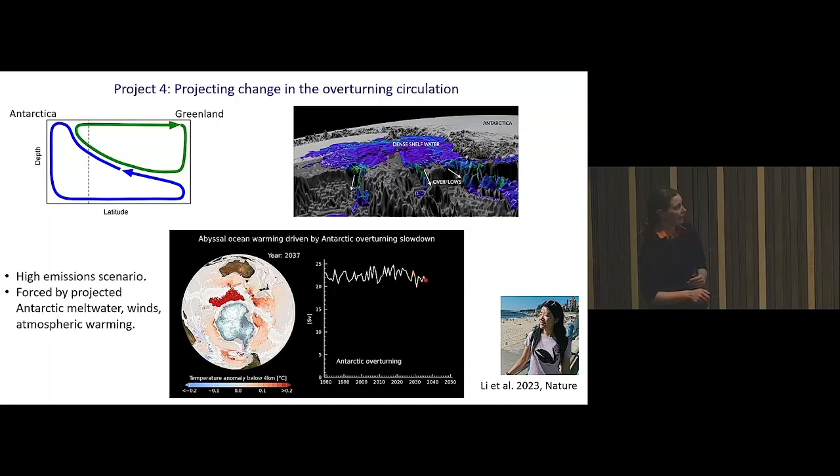And we found that this is the transport that goes in this deep circulation all around the global ocean. And as we go forward in time, we get this really dramatic drop. Let's just stop there. But it's about a 40% drop by 2050 in this northward transport of the bottom waters, which is super dramatic.